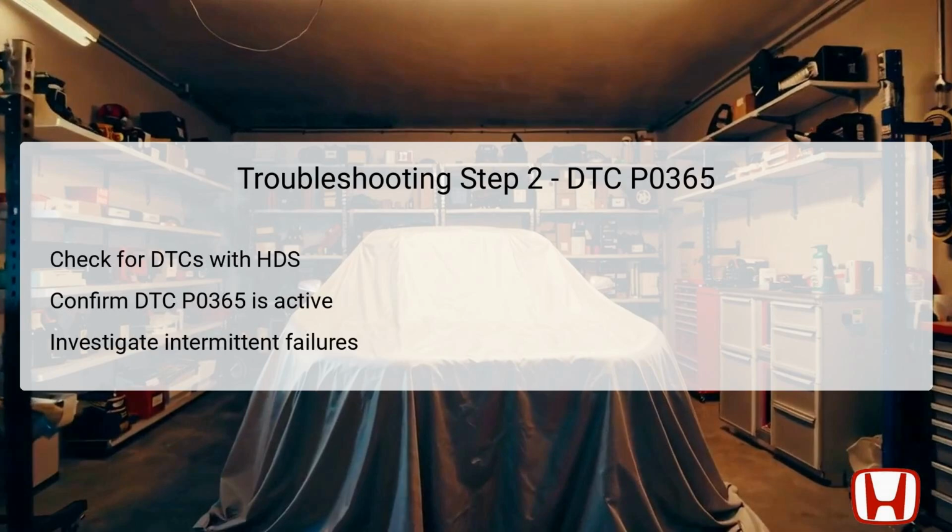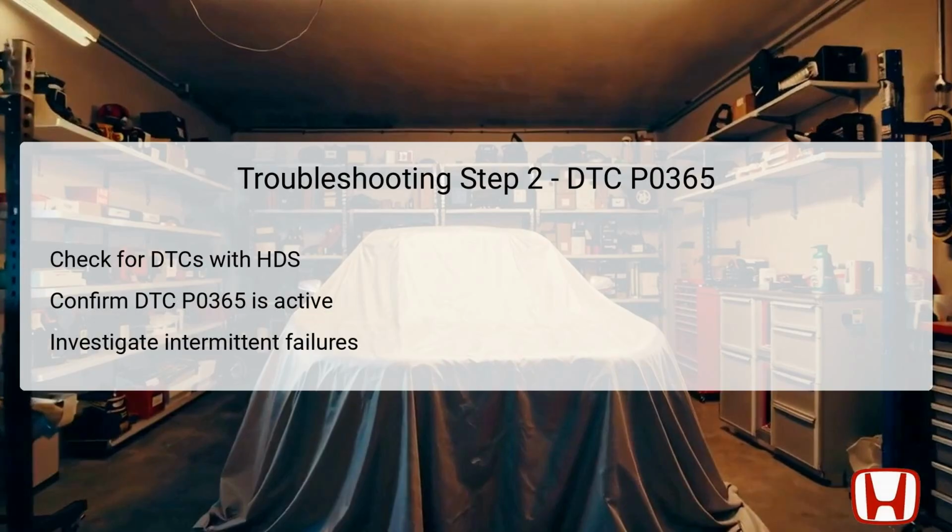After starting the engine, the next necessary action is to check for any pending or confirmed DTCs with the Honda Diagnostic System, HDS. This reflects an essential procedure in the troubleshooting process, as it indicates whether the DTC P0365 is currently indicated or not.